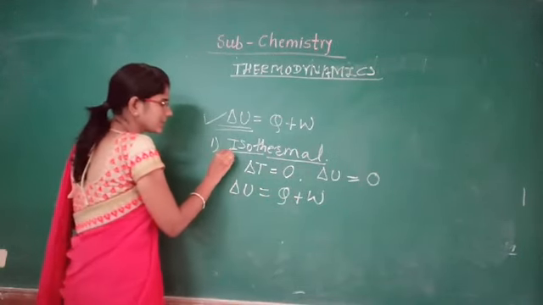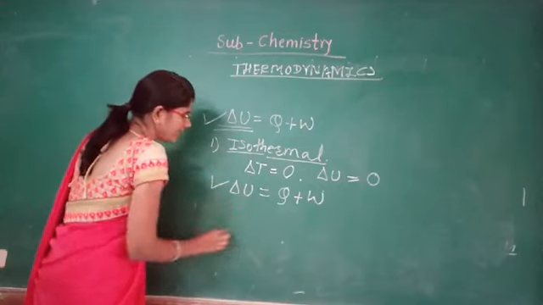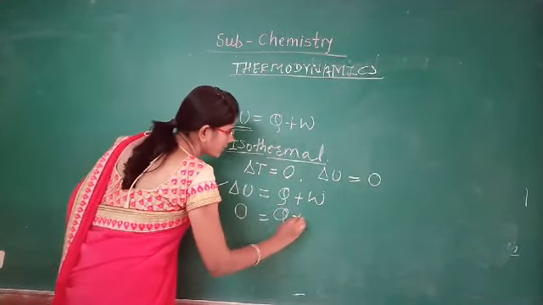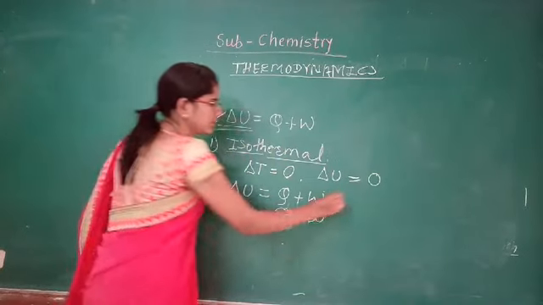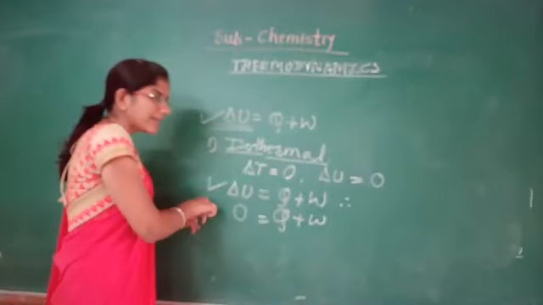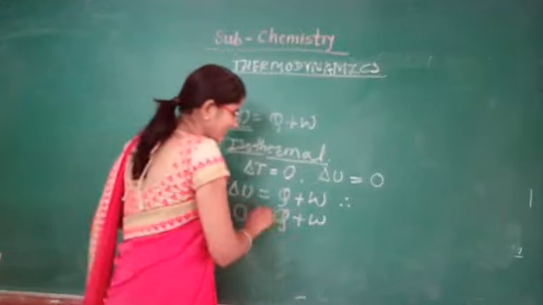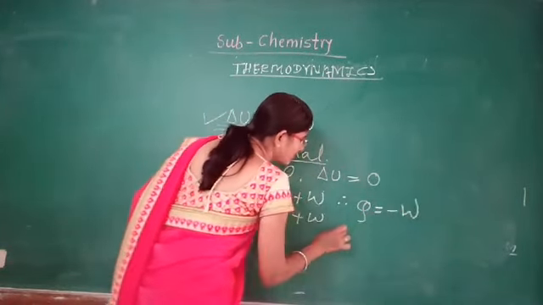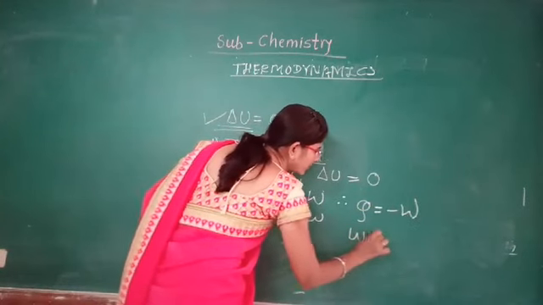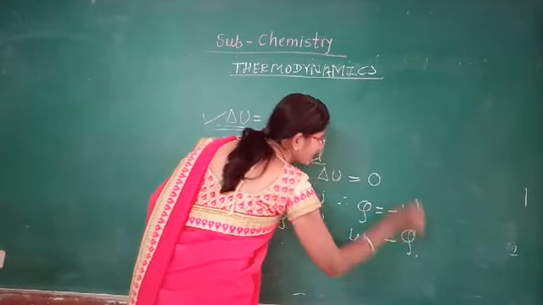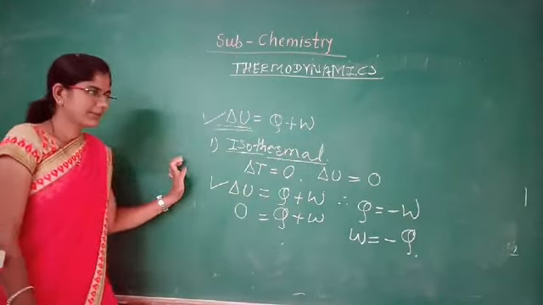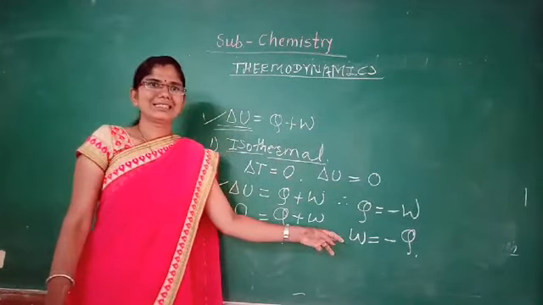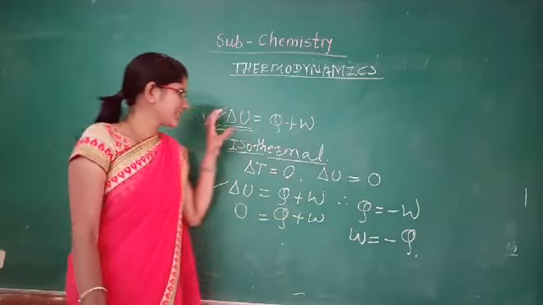But for the isothermal process, the value of delta U is equal to 0, which is equal to Q plus W, and therefore for the isothermal process we can write Q equal to minus W, or W equal to minus Q. Remember all these for the MCQs in the CET. म्हणजे CET ला काही MCQs विचारले जातील.